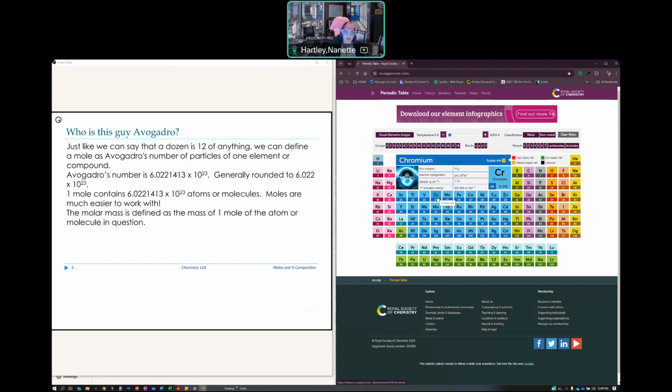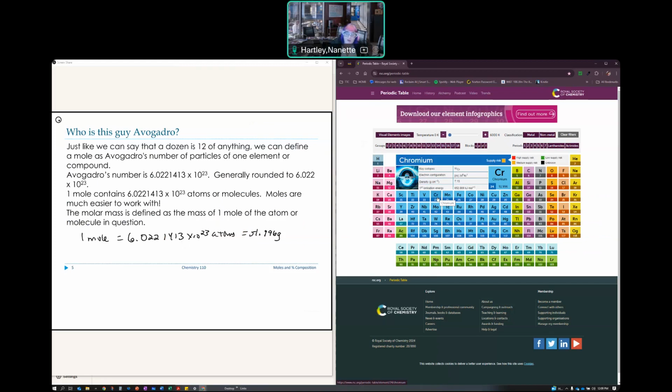So again, we can say one mole, 6.0221413 times 10 to the 23rd atoms, equals the molar mass. And so if we're talking about chromium, it's 51.996 grams.